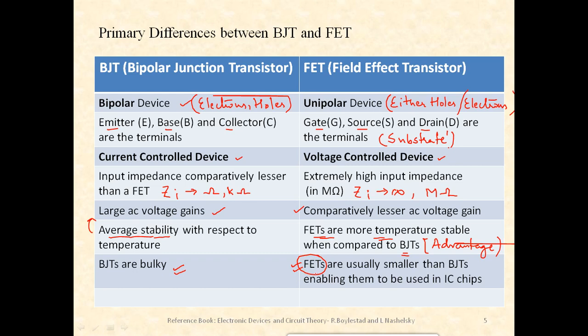So this advantage of FETs makes it possible to be used in integrated circuit chips. You can just go through the details, like how many transistors are there in an i5 processor or maybe i7 processor. You will be surprised to know that there are billions of transistors integrated on your motherboards.